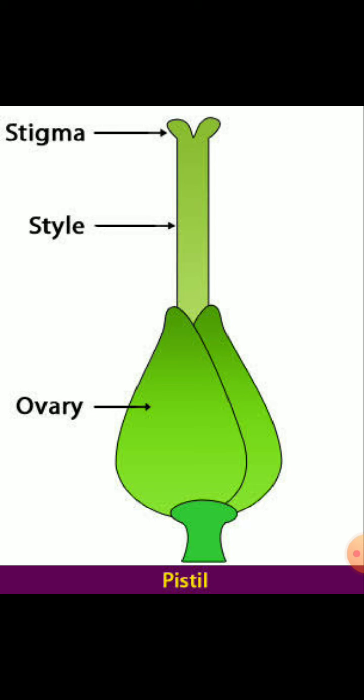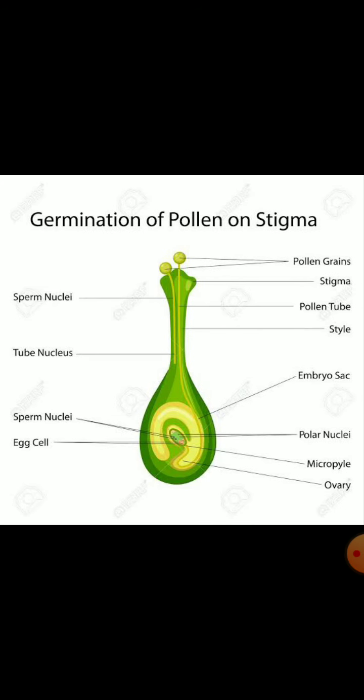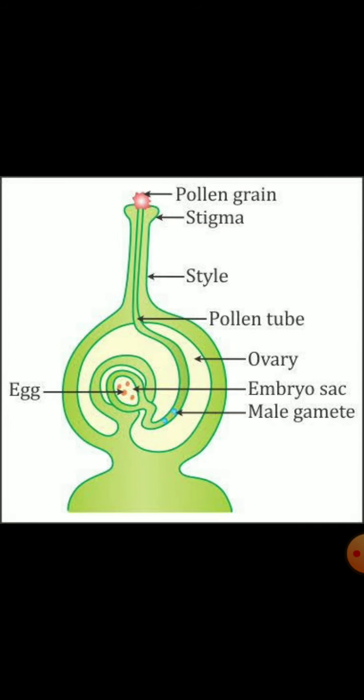In the first step, the pollen will reach the stigma either by self pollination or by cross pollination, and then the female gamete, which is in the ovary. To reach the ovary, the pollen will develop a tube like structure through which it travels down the style and reaches the ovary. Then there is fertilization of the egg, the female gamete.